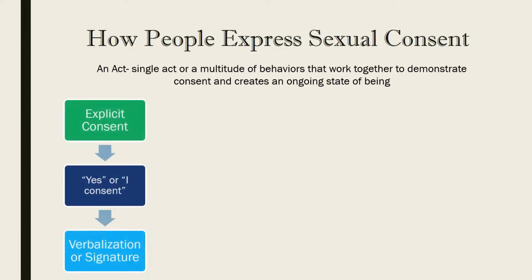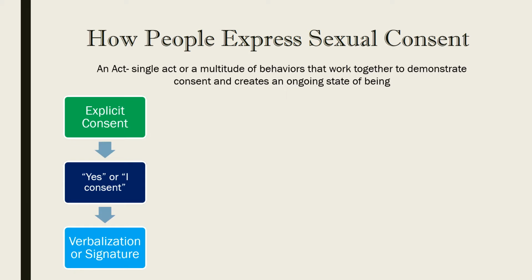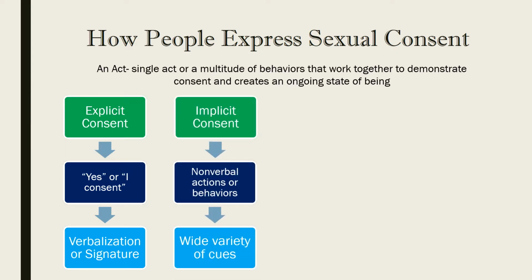The first way is through direct or explicit actions like saying yes or I consent, or something definitive like signing your name on a consent form. You can also demonstrate consent through nonverbal, implicit actions like nodding, smiling, leaning back, or returning a kiss or touch.